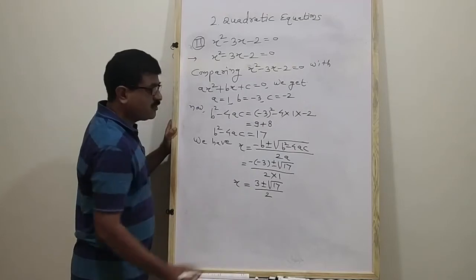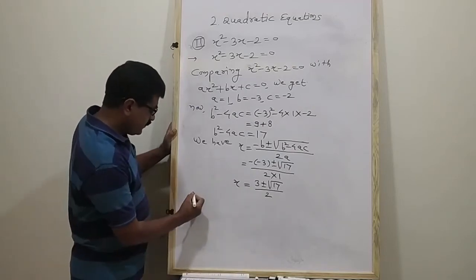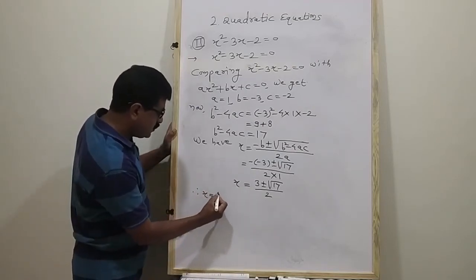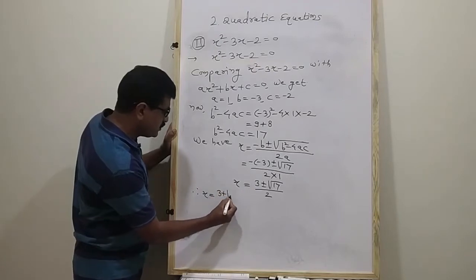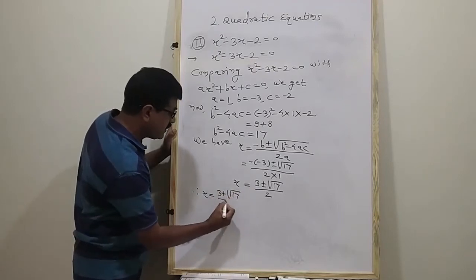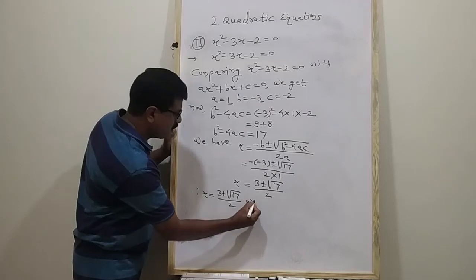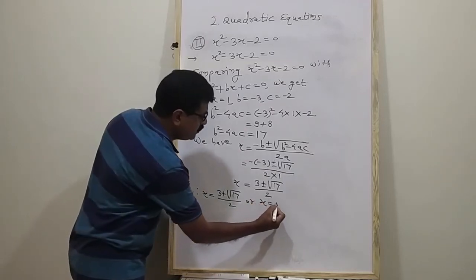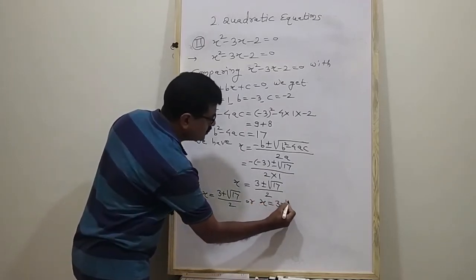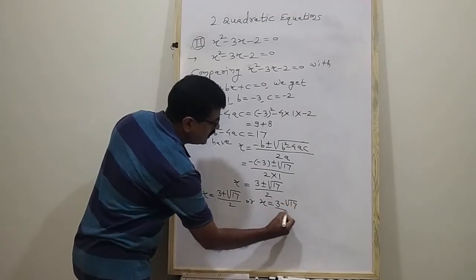These are the values of x. Therefore x is equal to 3 plus square root 17 divided by 2, or x is equal to 3 minus square root 17 divided by 2.